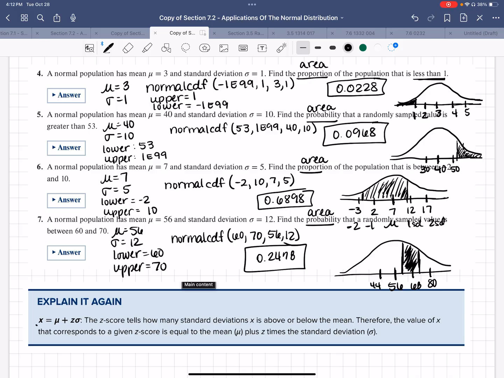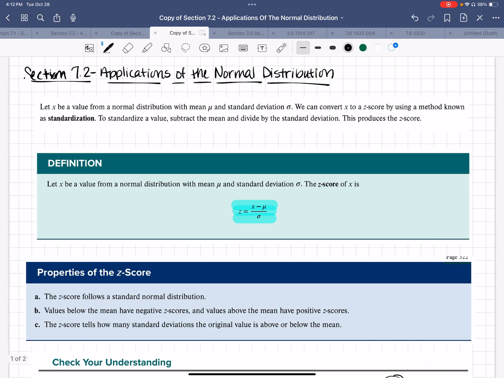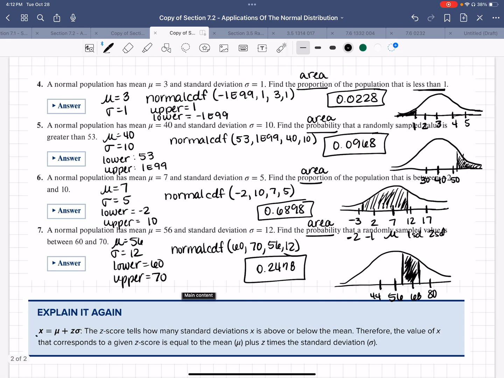Okay, they don't necessarily give you a z-score of 1, z-score of 2, like they did in 7.1, because you don't necessarily know the z-score that goes with this. You could calculate that z-score and then plug that back into the normal CDF and use 0 and 1 if you wanted to, because we could get a z-score based off the x minus mu divided by the standard deviation.